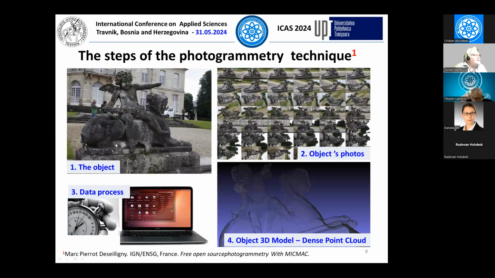The object is a statue in the upper left. The next step is to take many pictures of the same object. Then data processing with the software, and the final object, a dense point cloud of this statue.